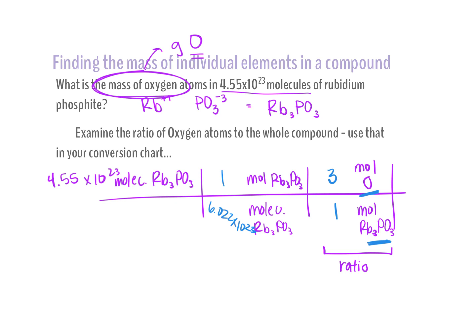And then I'm going to keep going and get rid of moles of oxygen and end up with grams of oxygen. Okay, so I added one step in there where I stopped looking at the total compound and I started looking at just oxygen. That's called the mole ratio step. So it has to be mole and mole. Okay, so let's put in our numbers here.